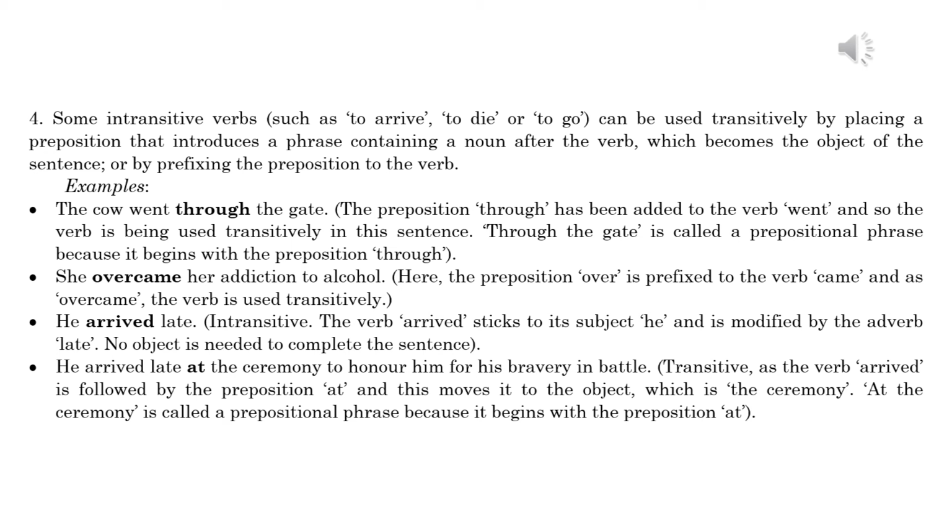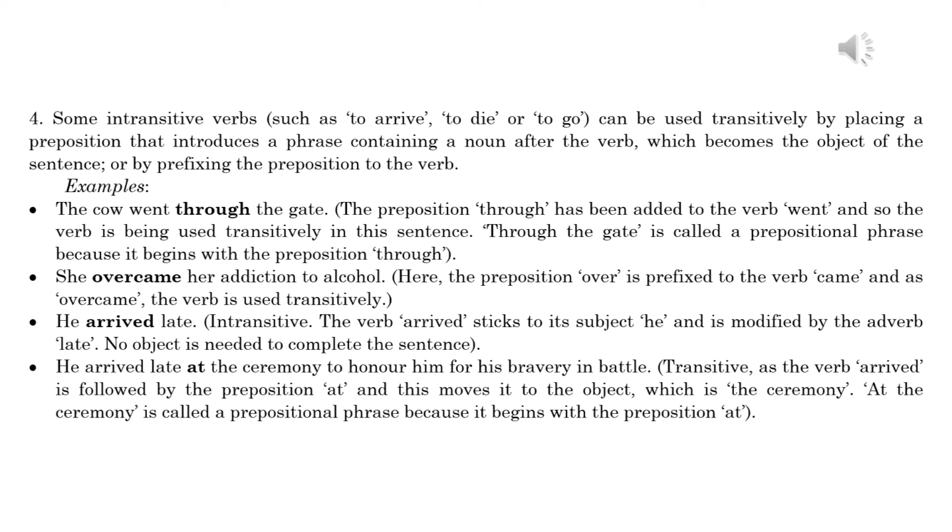Four. Some intransitive verbs, such as to arrive, to die, or to go, can be used transitively by placing a preposition that introduces a phrase containing a noun after the verb, which becomes the object of the sentence, or by prefixing the preposition to the verb.